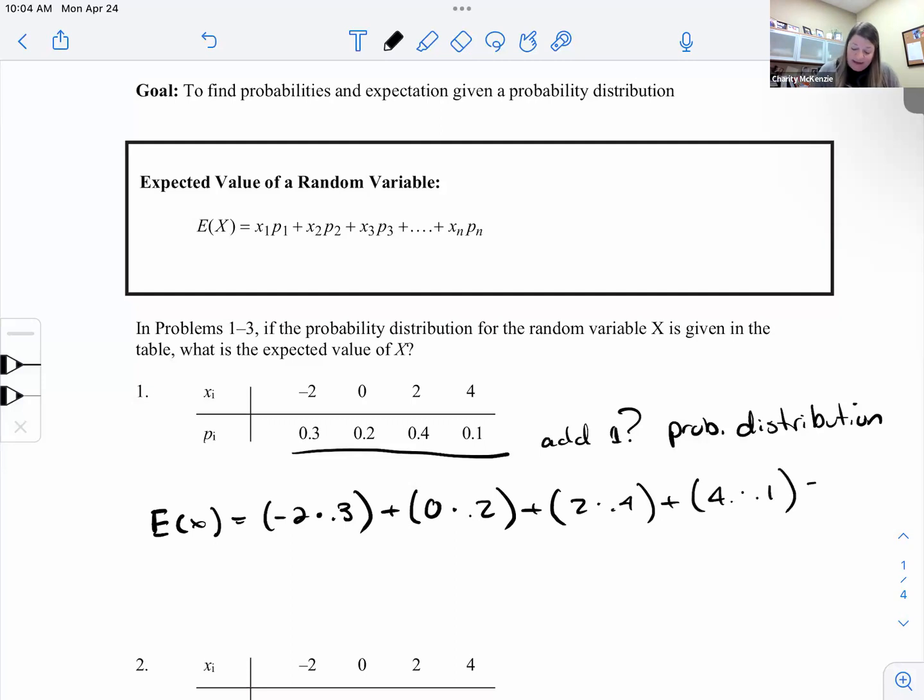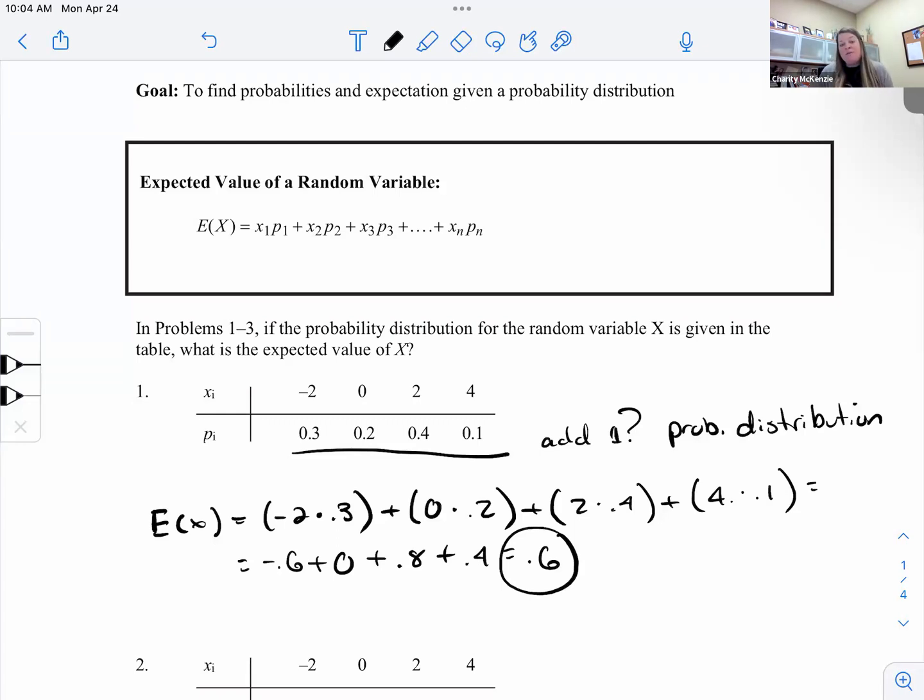So let's put that in our calculator. -2 times 0.3 gave me -0.6. Then 0, plus 2 times 0.4 is 0.8, plus 4 times 0.1 is 0.4. And let's see what those add up to. -0.6 plus 0.8 plus 0.4 is 0.6. So our expected value is 0.6.